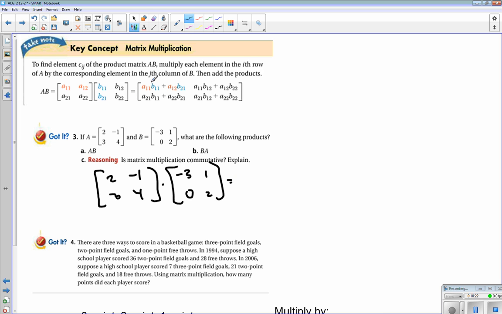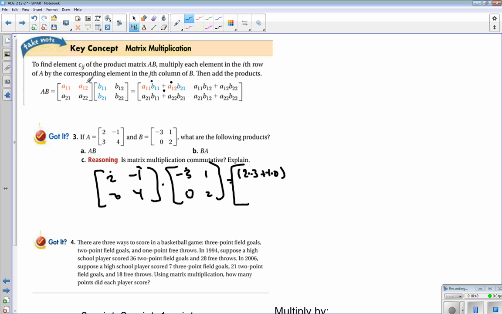So I'm just going to follow this little instruction right here. So to find my first guy here, I'm going to take my first terms, 2 times -3 plus -1 times 0.